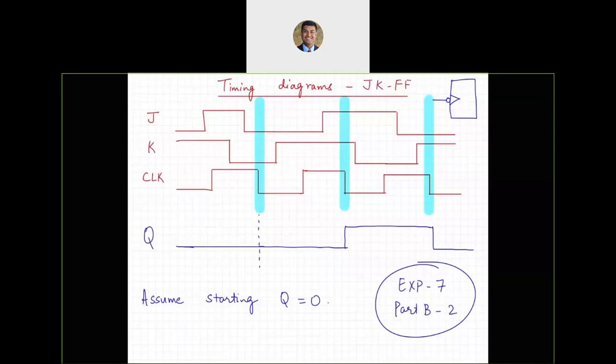I could have also been sensitive to the level of the clock. So for example, when clock is high, I may have some changes in the output. In this case, I don't. If I'm sensitive to the level of the clock, that is a property of a latch. And if I'm sensitive to the edge of a clock, then that's a property of a flip-flop. In other words, latches are not as precise in terms of timing as flip-flops.